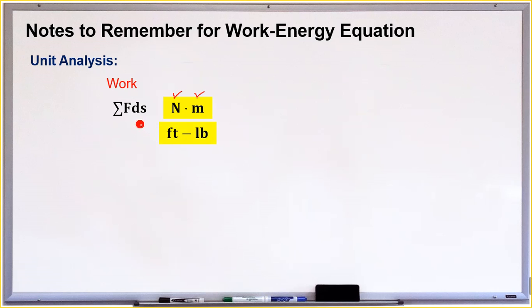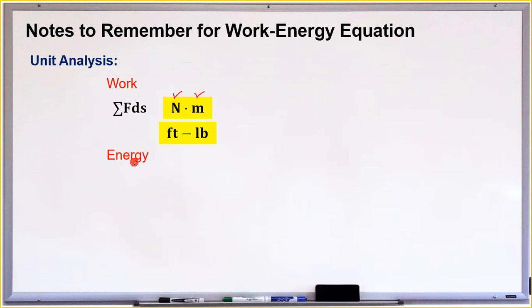And for English, force is expressed in pounds and displacement in feet, so we have here foot pound. Now it is reversed. If we follow the SI format, it should be pound foot, but most of the time books use foot pound, reversed. Well, anyway, they are the same.